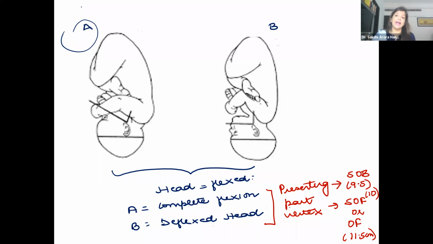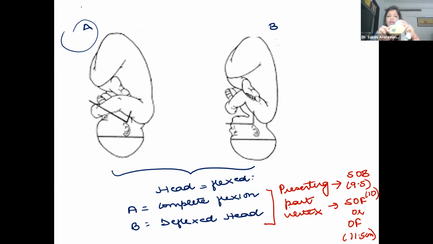But suppose I have a primigravida female who is in labor and still her head is not engaged. So the most common reason for that would be a deflexed head, right? Because the head is deflexed, it is the larger diameter which has to now pass through the pelvic inlet. So it takes a little larger time, and that is why engagement is delayed, right?